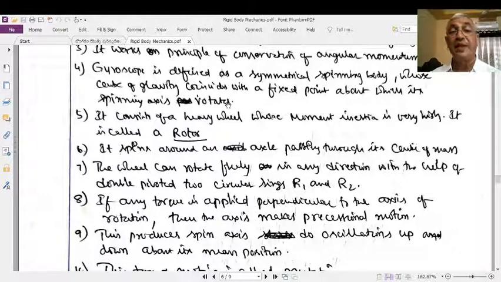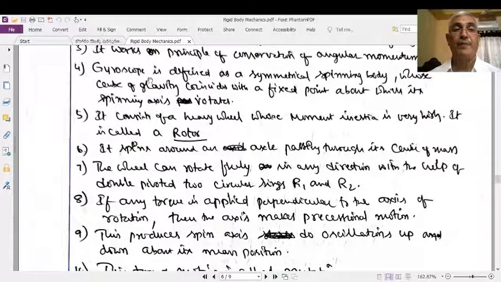It means that the spinning axis rotates. Rotates means it precesses. While it is precessing, it will precess about a fixed point. That fixed point will coincide with the center of gravity of the gyroscope.